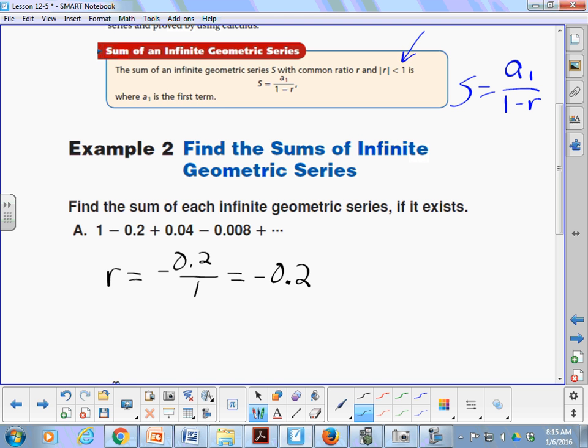Is the absolute value of negative 0.2 less than 1? Okay, so it converges. All right, so we're good. That means it does have a sum. So to find the sum, I just plug it in. The sum equals the first term divided by 1 minus the common ratio.